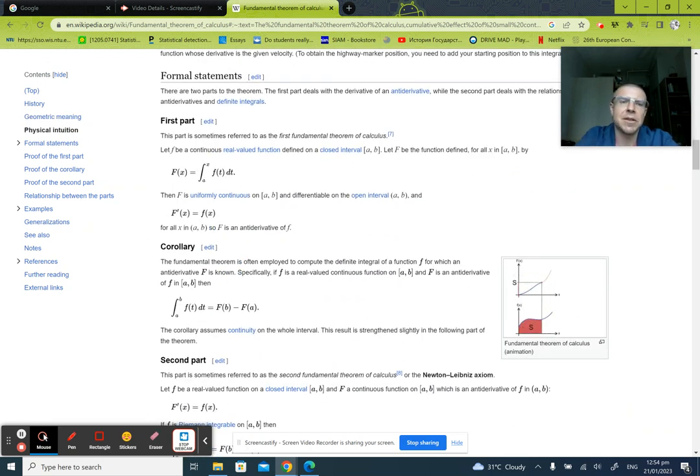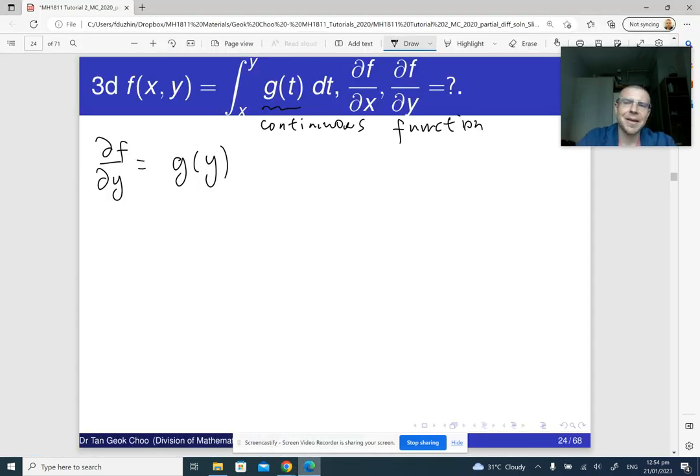So if f of x is the integral from a to x of f of t dt, then its derivative with respect to x is f of x. So if you switch a to x, x to y, and f to g, then you will exactly get this. Now, how do we find df/dx though?